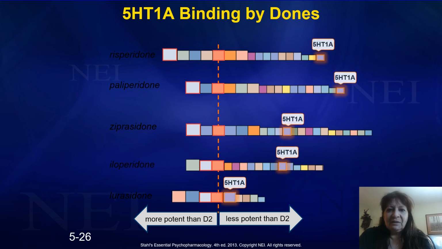There's the vertical line, the D2, and the D2 binding is much stronger in some of them than the 5-HT. See the bigger difference here on the bottom with lurasidone. The 5-HT1A receptor binding is about as potent as the D2 binding. So lurasidone is certainly different than the other -dones.